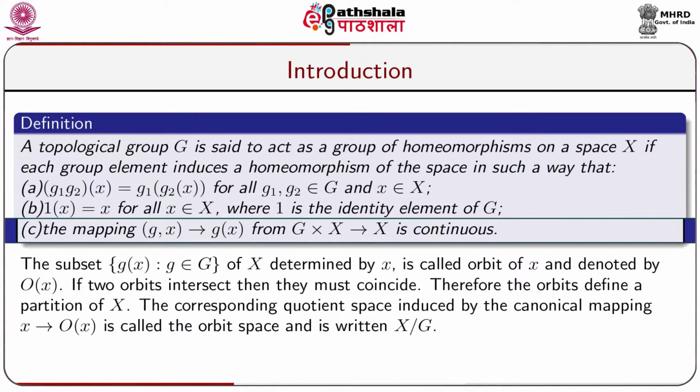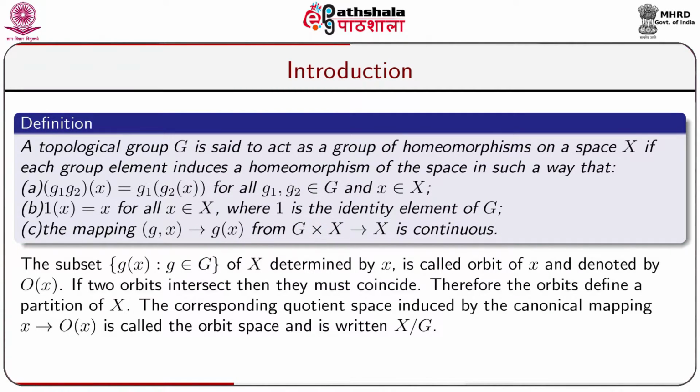The mapping (g, x) goes to g of x from G Cartesian product X to X is continuous. Observe that as G is a topological group, the third condition is meaningful. In fact, the action of a group can be defined on any mathematical object.